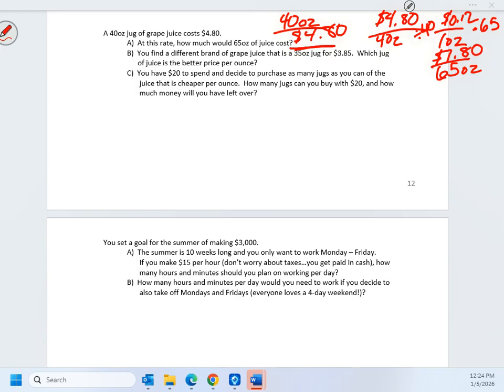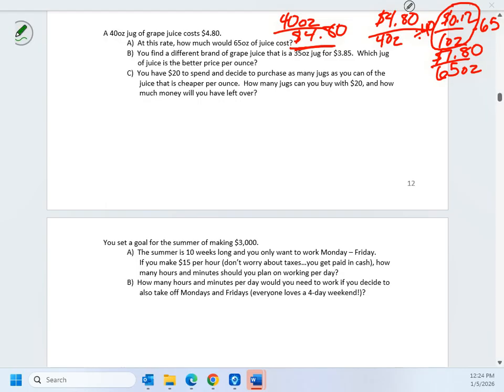Now, we find a different brand of grape juice that is a 35-ounce jug for $3.85. Which jug of juice is the better price per ounce? Well, we know per ounce for our first one is 12 cents per ounce. So we need to find out what that unit rate is for the 35-ounce jug.